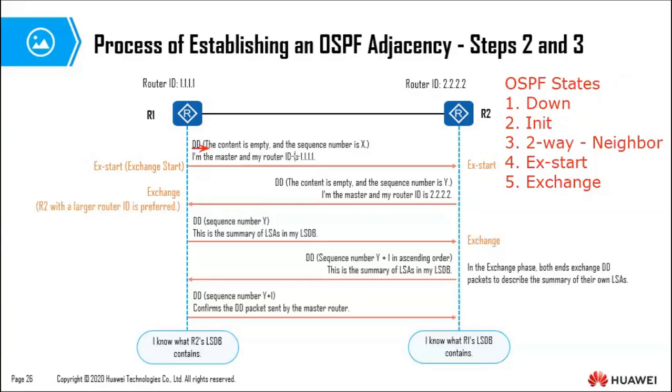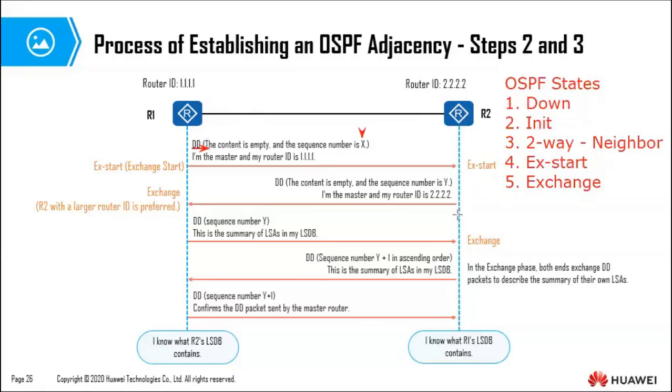What you do here, you just give that particular DD a sequence number, for example, X. Then you say, I'm the master, and my router ID is 1.1.1.1. Are we together? Now, when your neighbor receives the first DD packet, it transits from two-way state to exstart.